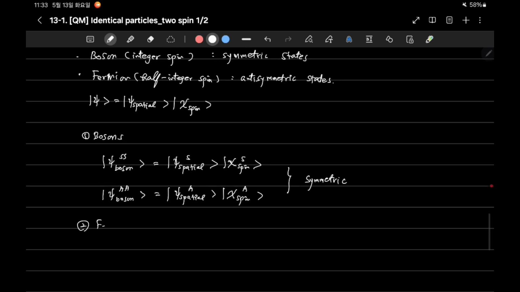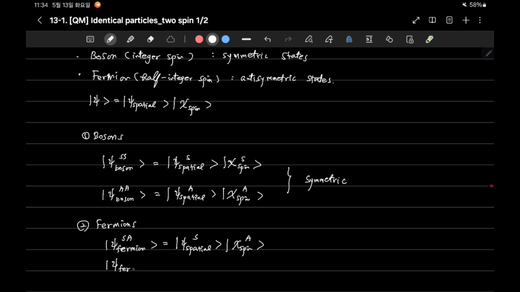In the fermion case, the total wave function is antisymmetric. In the symmetric-antisymmetric combination, the spatial part is symmetric and the spin part is antisymmetric.